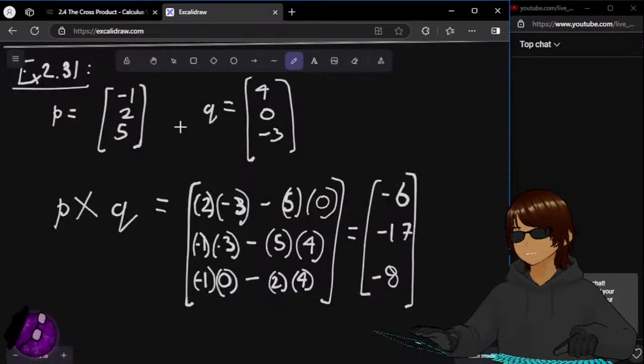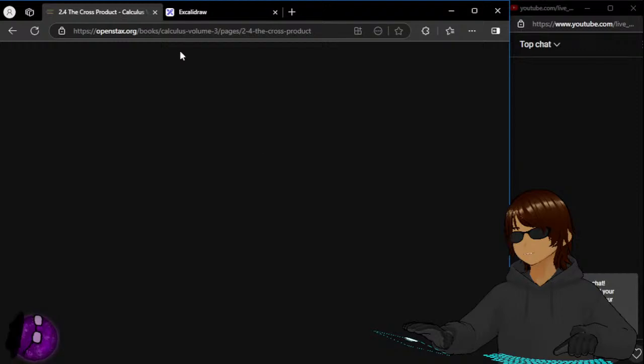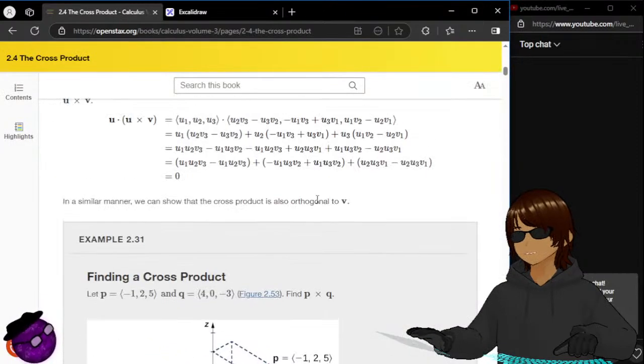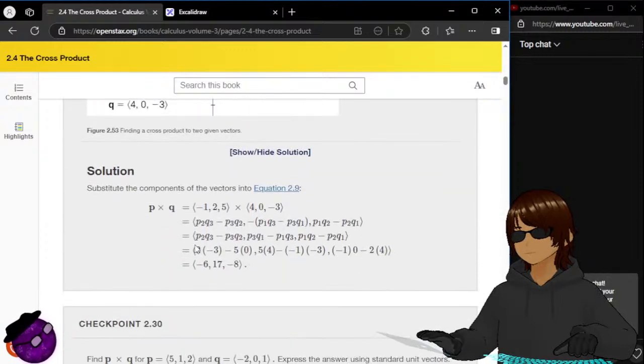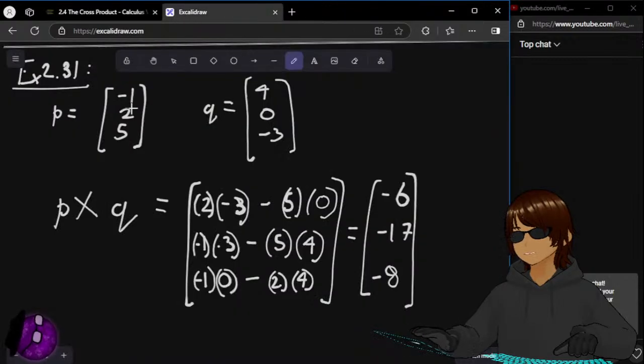Why is it 17? They did minus 1 times minus 3 minus 5 times 4. Maybe I copied the question wrong. No. Okay, let's see. 2 times minus 3 minus 5 times 0.